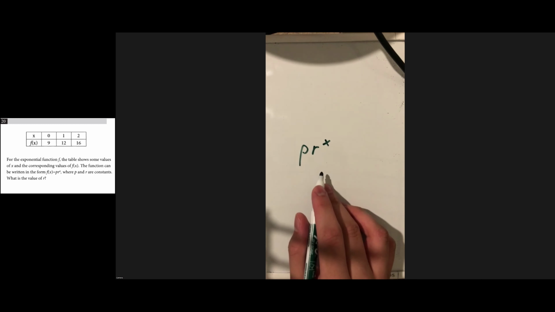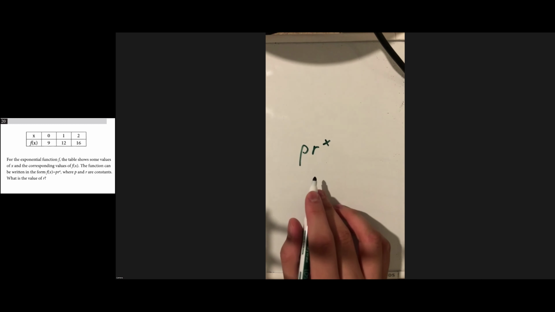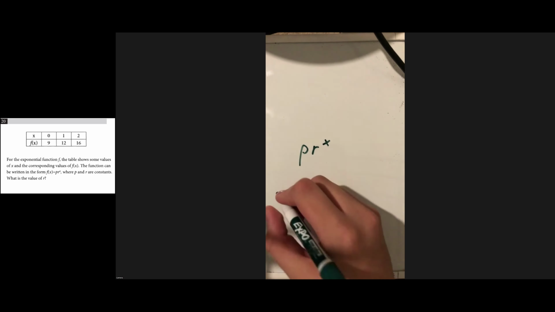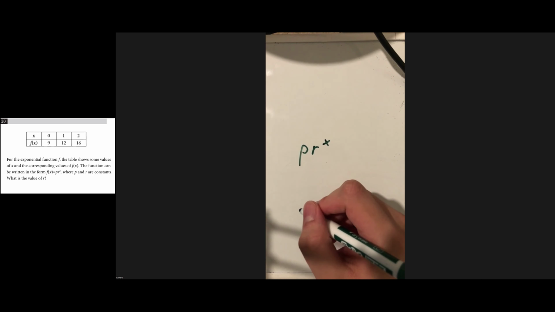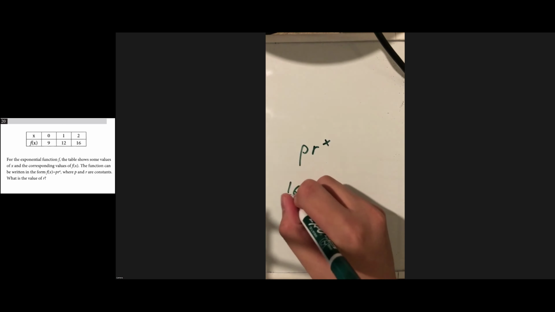Okay, so for this one, we have a simple exponential equation, and so that means the ratio between these numbers will always increase by the same amount. To find the ratio, you simply take the x values and compare each to the one before. So we have 16 over 12, and we can also compare 12 over 9.